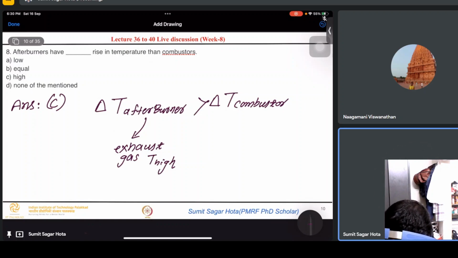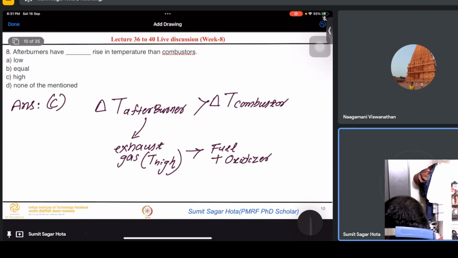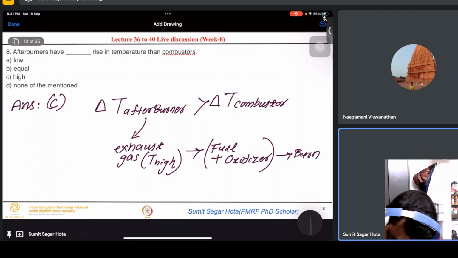So exhaust gas has high temperature, and again if you add some fuel plus oxidizer, maybe air, and burn, the temperature is already high, then you add the fuel plus oxidizer and then burn.